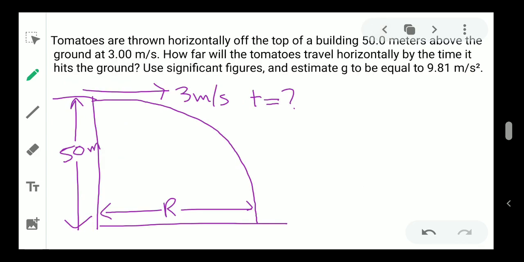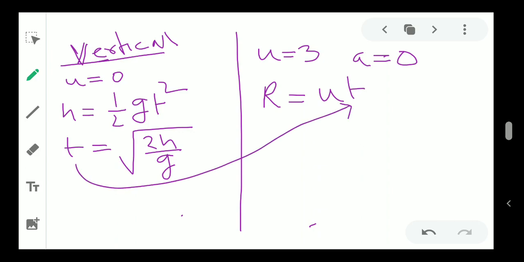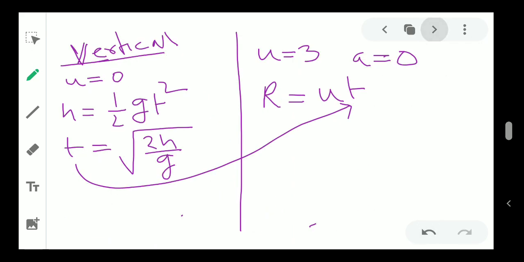In the horizontal motion the initial velocity is 3, the acceleration is 0, so we can easily find out r is equal to v into t, that is u into time. Now this time is this time. Why are these two times the same? Because by the time it drops from this point to that point, it has reached this amount r already. So that's why this time is the same.